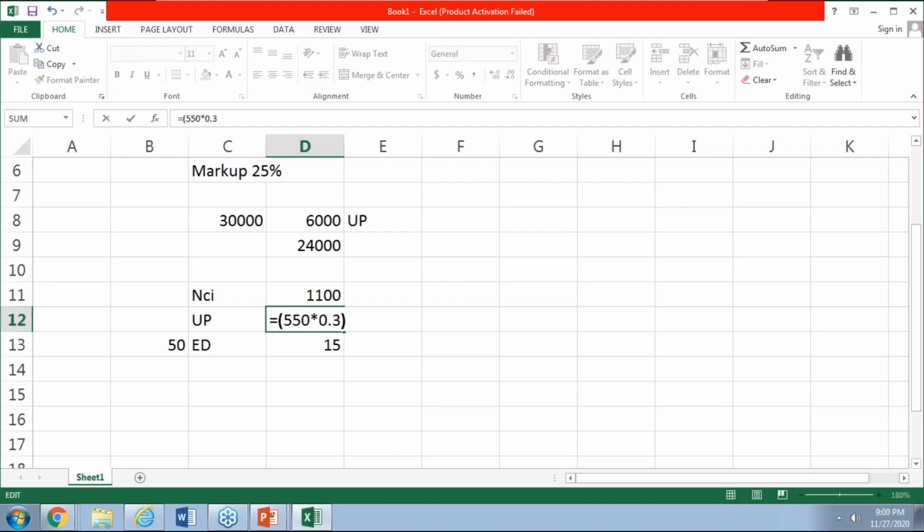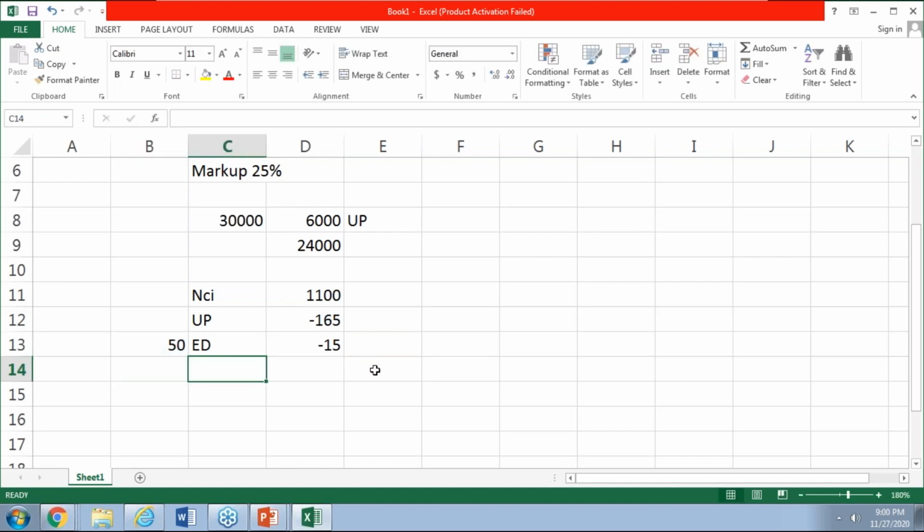So we take it in brackets, with the negative sign. This one too, negative sign in brackets. Now finally, the profit which the subsidiary company has earned during the period is 3200.